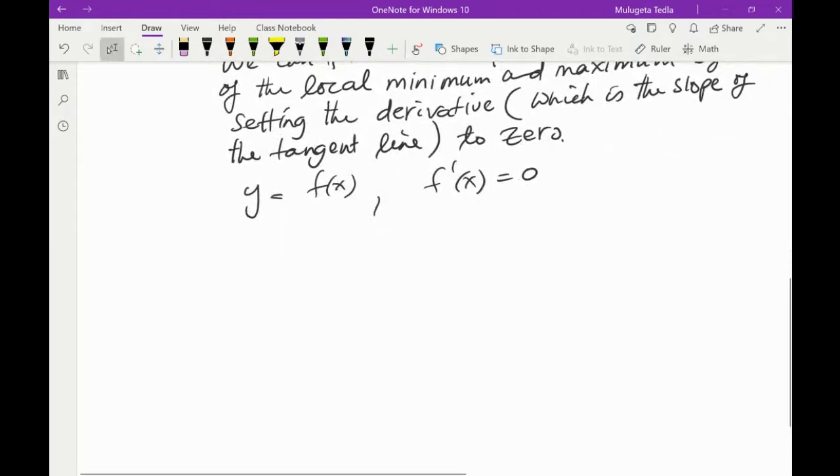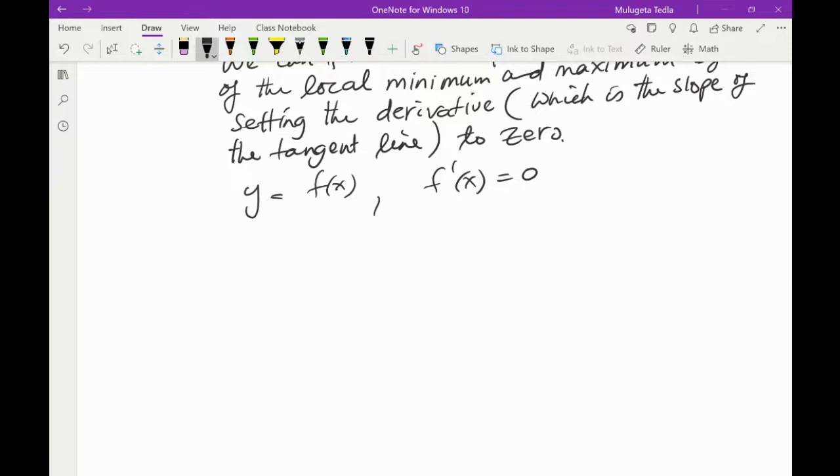I'll take an example, and then we will take care of step 1, step 2, step 3 for that example. Okay, so that's good enough.